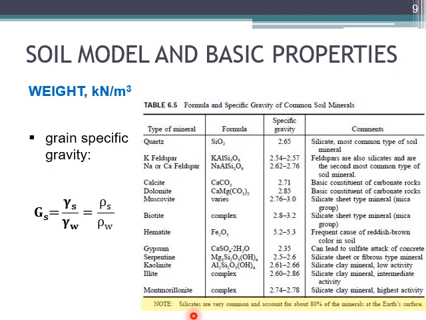However, silicates, and quartz is a type of silicate, are very common and account for about 80% of the minerals at the Earth's surface. So if you wanted to assume some value for the specific gravity, if you assume the value of 2.65, we will not be far from the truth.